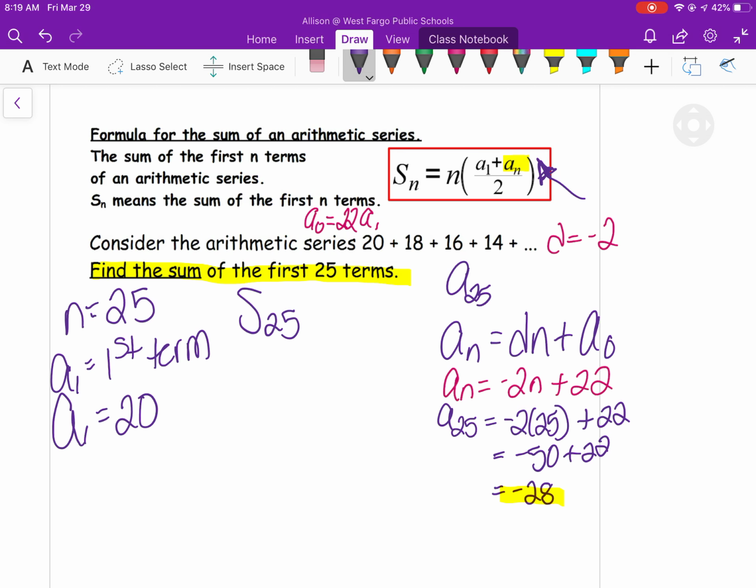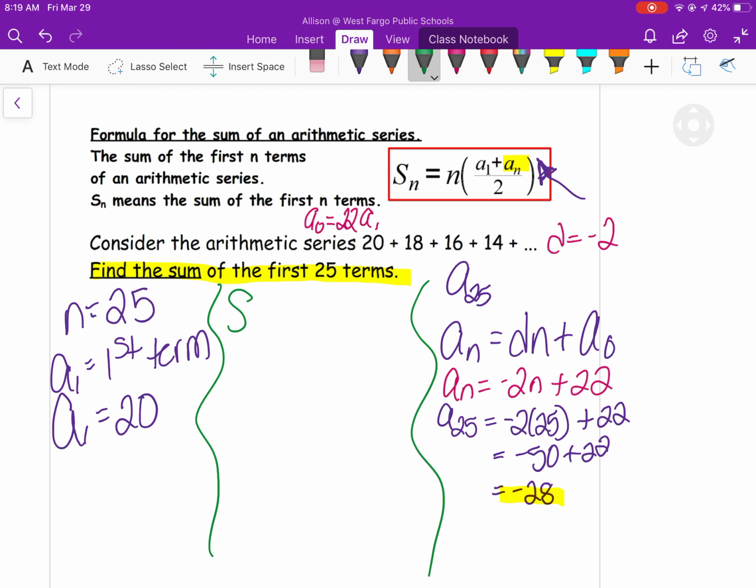So if I want to find the sum of the first 25 terms, it's going to be 25 goes in for n times the quantity. The first term, remember, which was 20, plus the 25th term, a sub 25, all over 2.